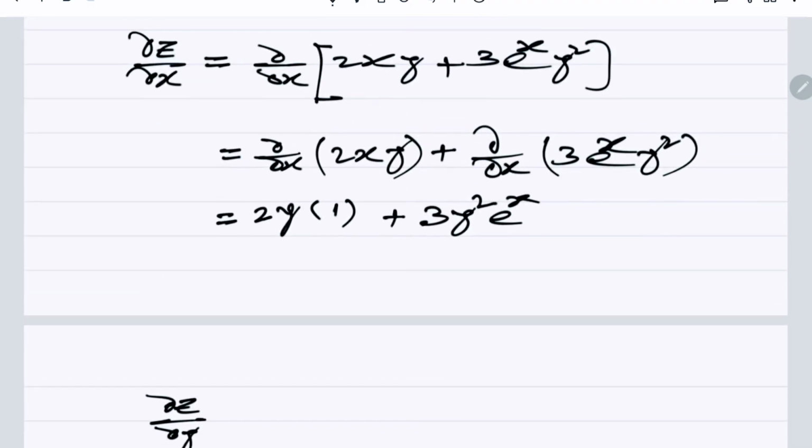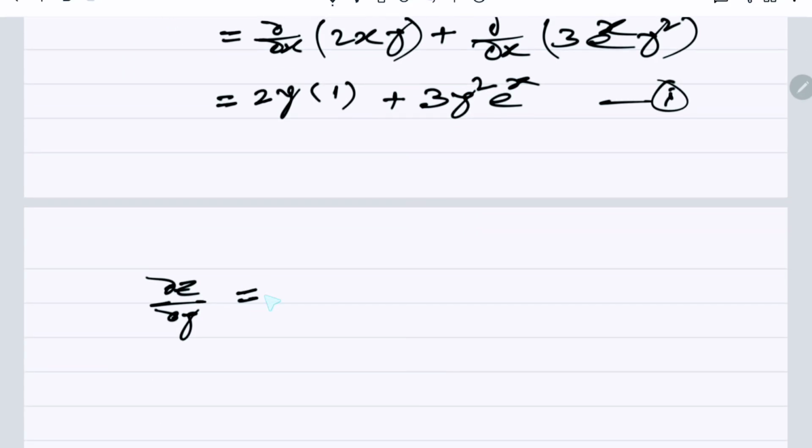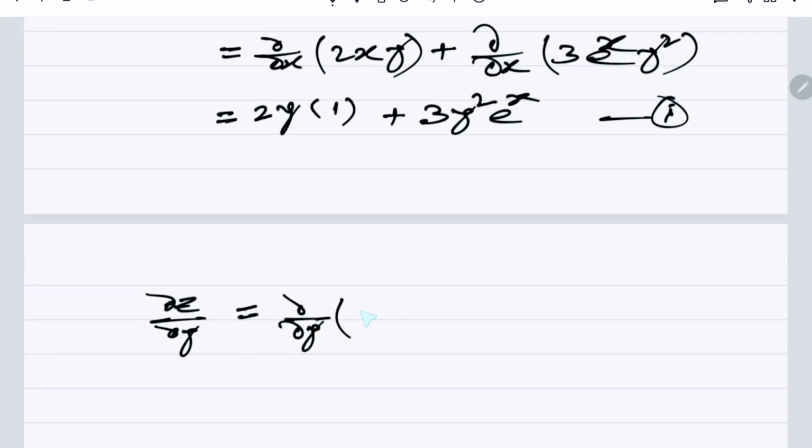Then differentiation of z with respect to y, keeping x constant, we get dou by dou y of first term 2xy and dou by dou y of 3 e raised to x into y square.